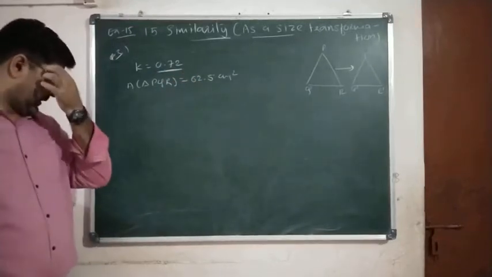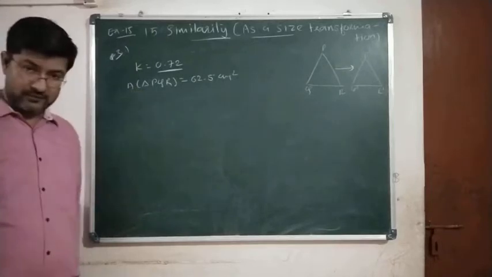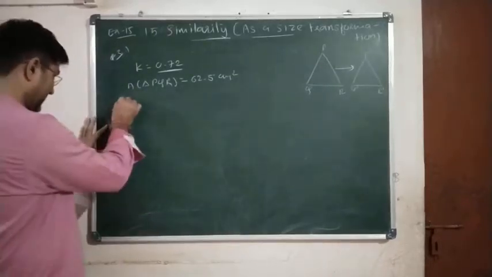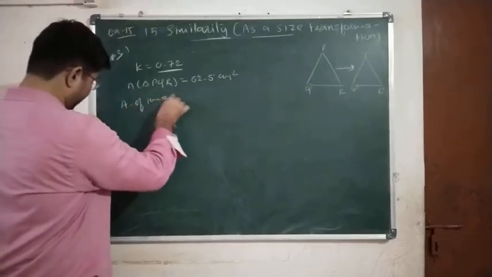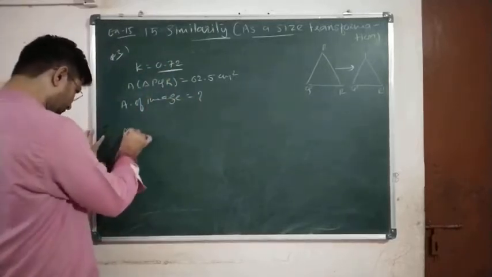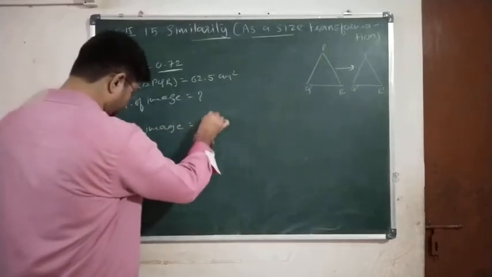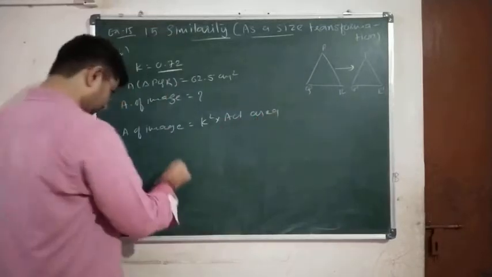Clear? Okay, so the original area, or area of the object, is given: triangle PQR, 62.5. We have to find out the area of the image. So we have a formula to find the area. Let us put the formula. Area of image is equal to K square into actual area.